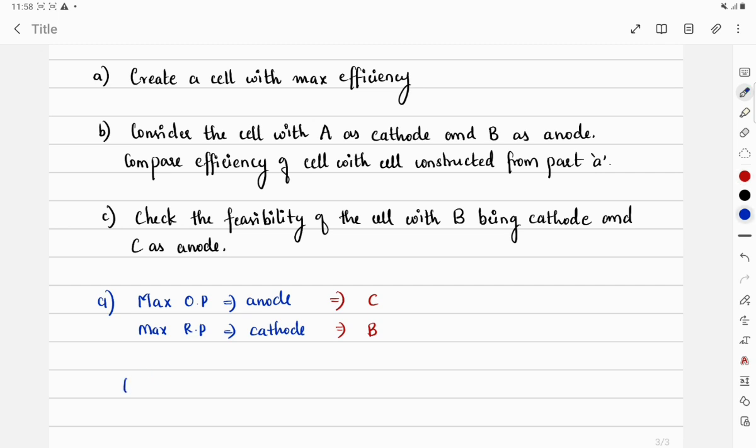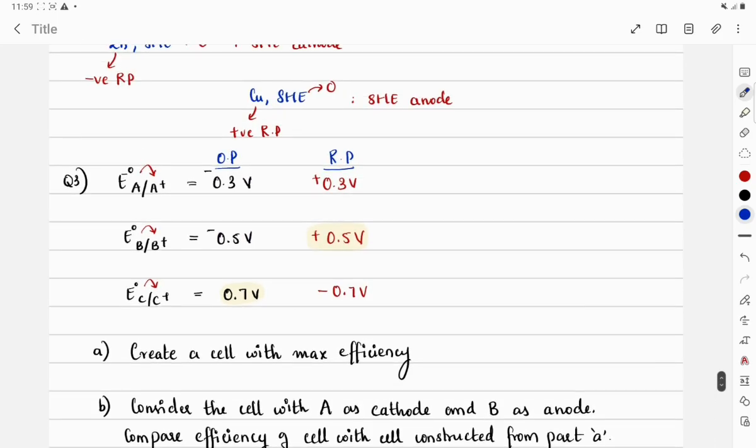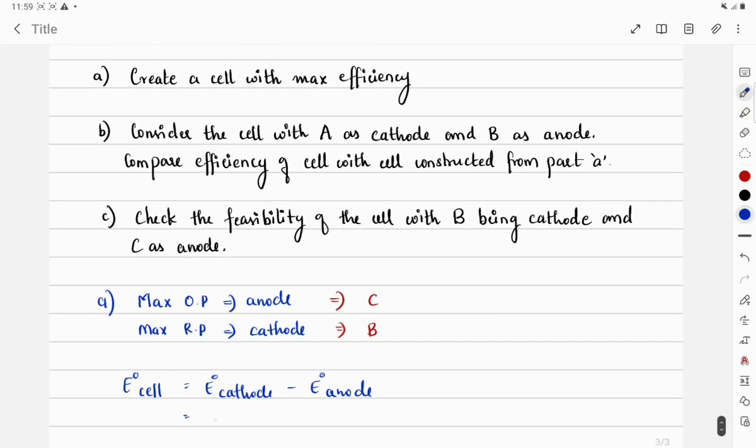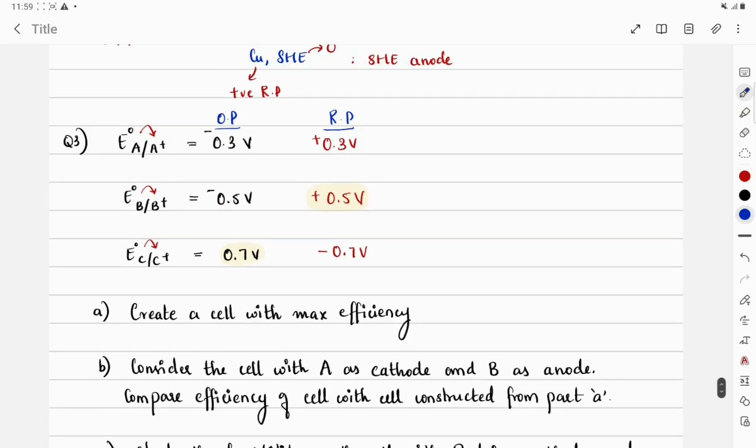How do we check? E0 of this cell, which is made up of C and B, should be equal to E0 cathode minus E0 anode. Remember, both should be reduction potentials. What is the reduction potential of the cathode, that is B? It is plus 0.5, minus the reduction potential of the anode.